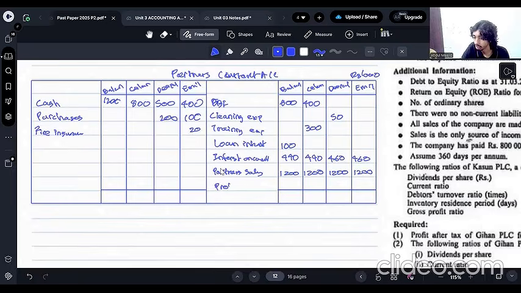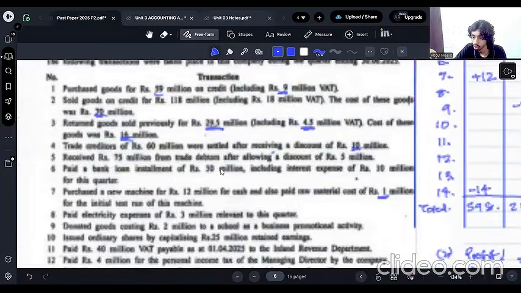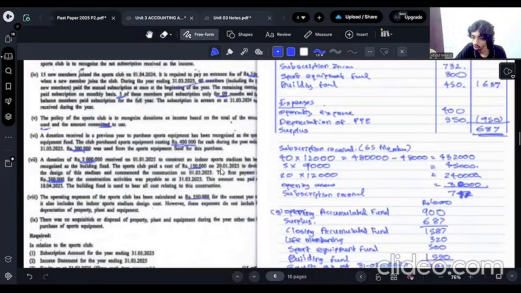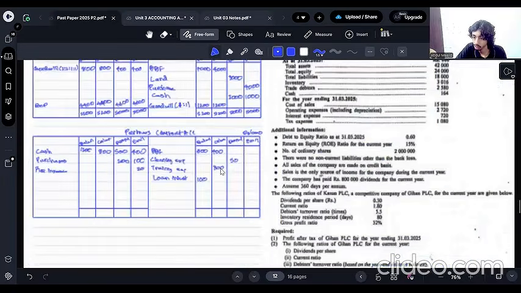Then you had the profit share. Profit share was 2,390, 2,390, 1,195, 1,195. Now you can balance off the current account.